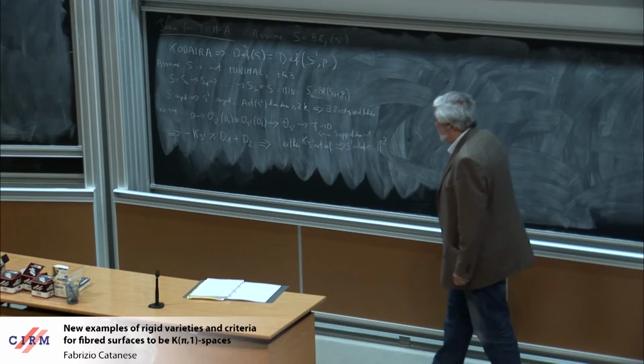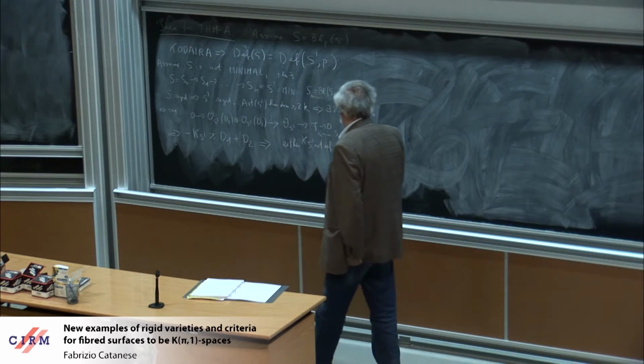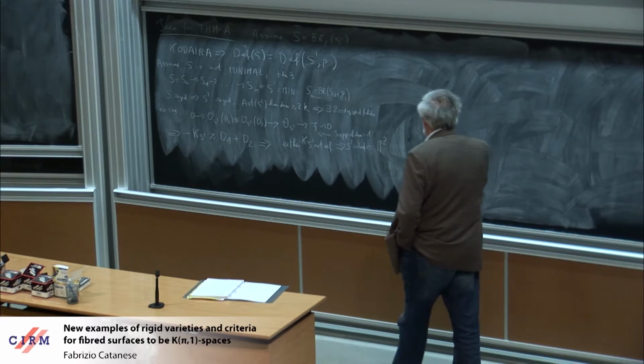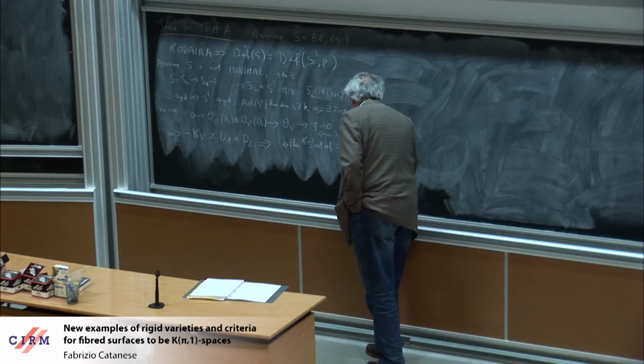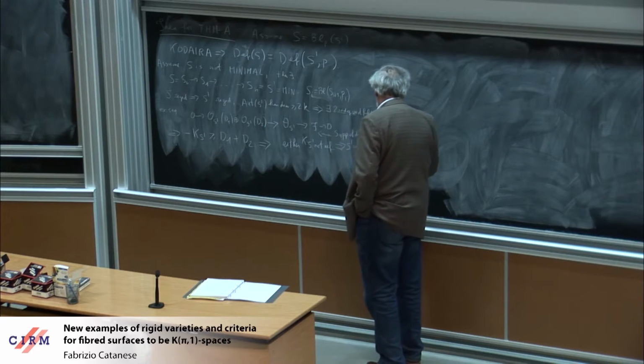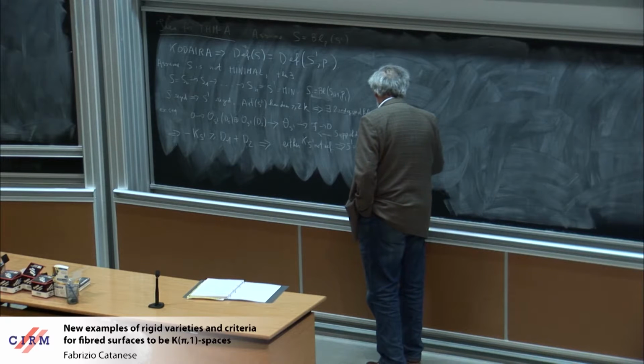So if minus k is effective, ks prime is not nef, and either we have P2 or we get a P1 bundle over a curve.